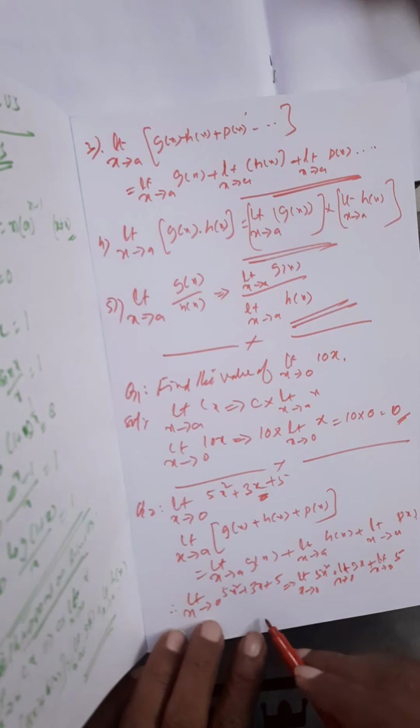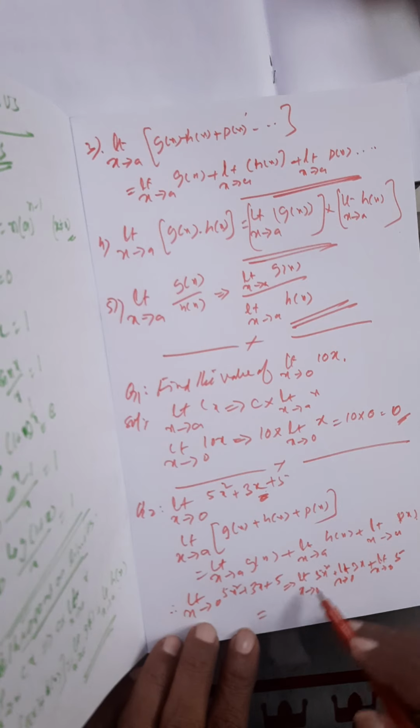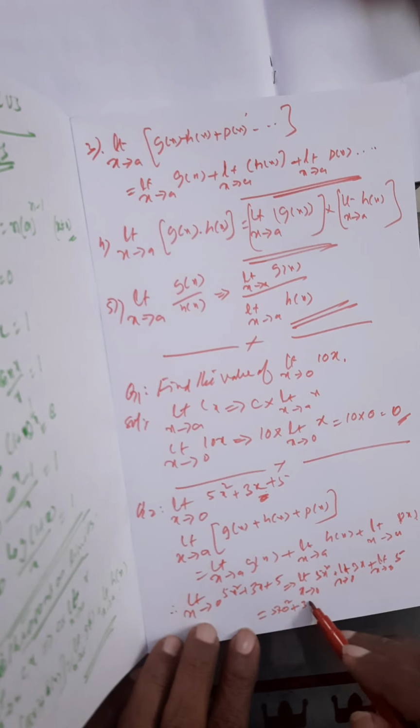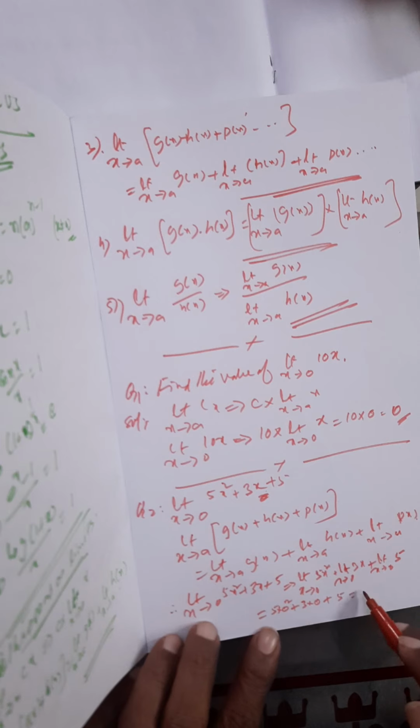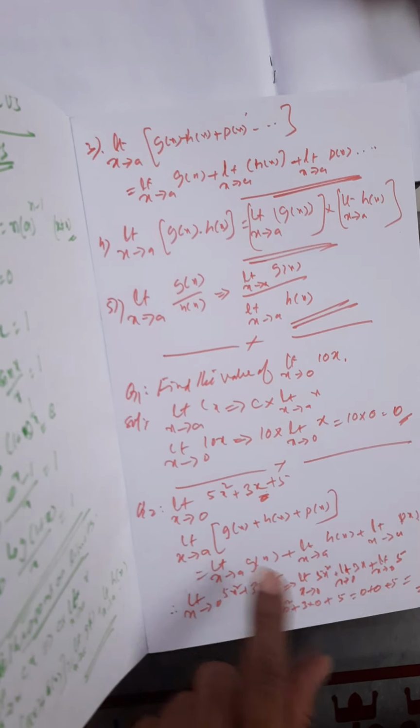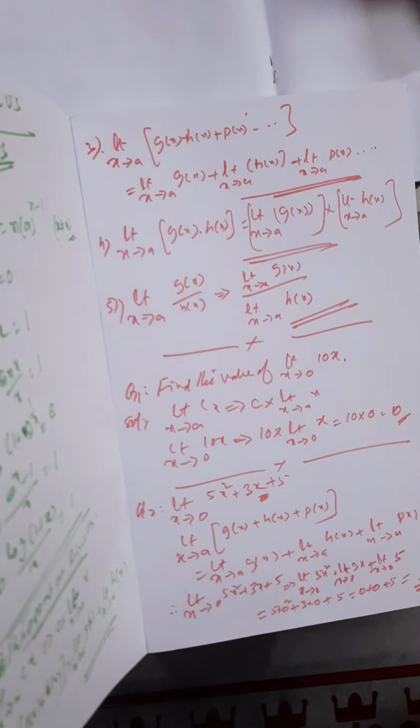So this is what we will get: 5 into 0 square plus 3 into 0, this is 0, and the constant as it is 5. So we will get 0 plus 5, this is nothing but 5. So directly applying 0 or separating, we still get the same value. So using this second basic formula, separating, we can get this value.